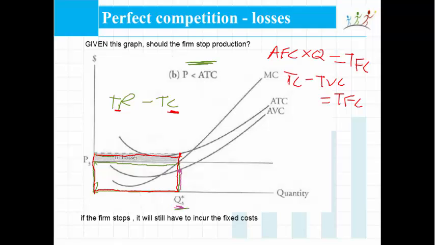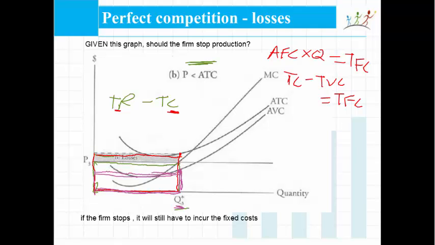It will be the average variable cost multiplied by the quantity. So the pink triangle gives us the total variable cost.